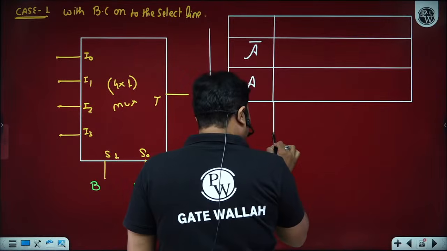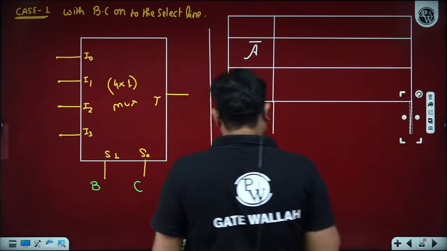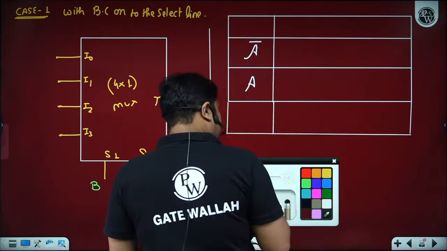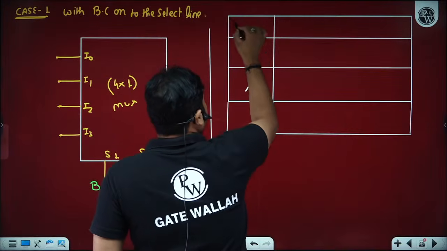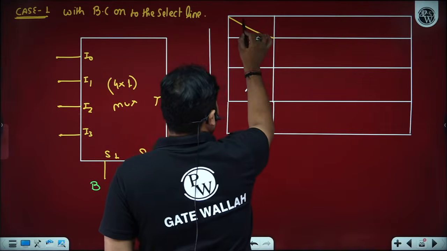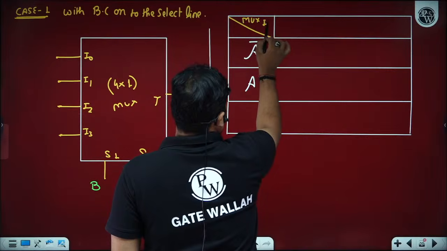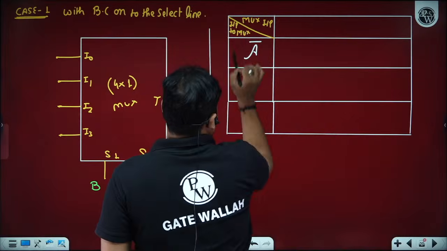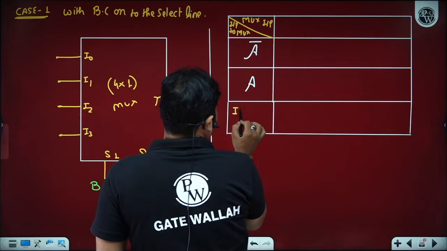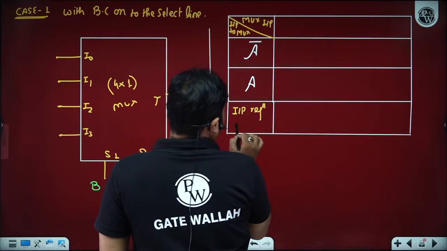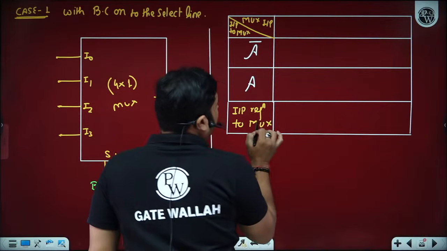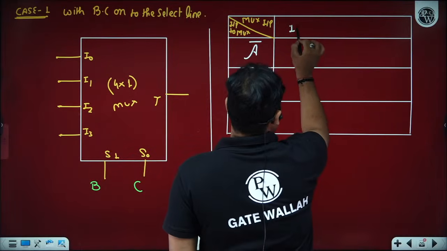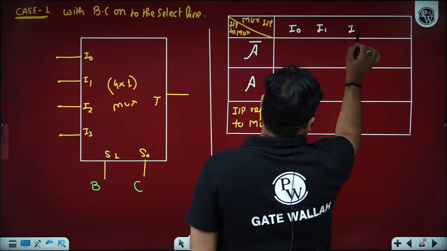Now please observe, the mux inputs are I0, I1, I2 and I3.